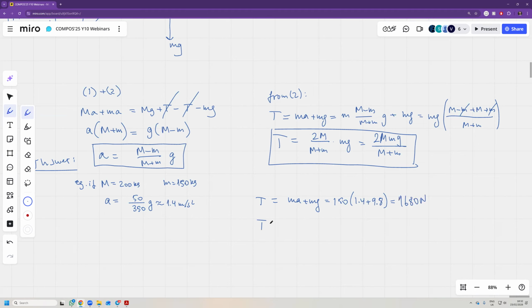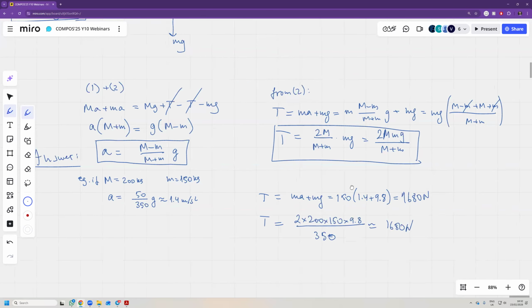And if we find tension using that formula, it is 2 times 200 times 150 times 9.8 divided by 350. Let's see if we get the same result. That's 1,680. Okay, so it looks like I haven't made a mistake, which is great.